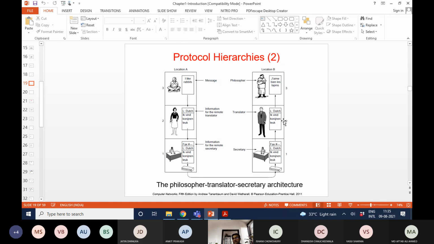Then the translator can see that this message is written in the Dutch language, so it converts it to whatever language can be understood by the receiver at the next layer.